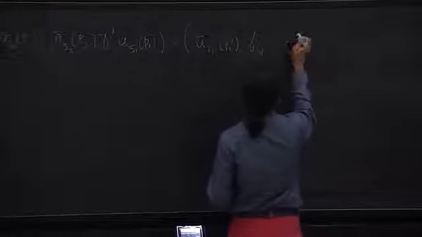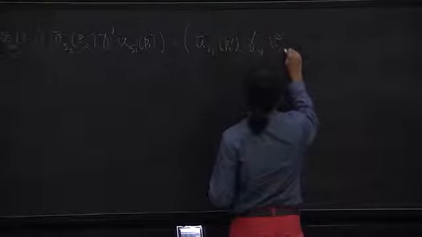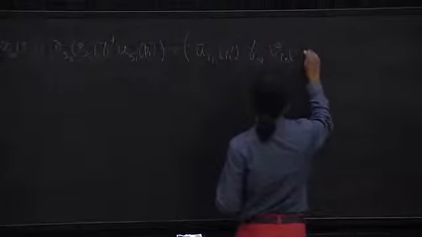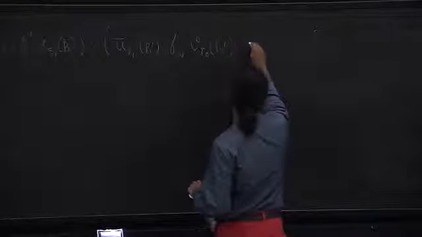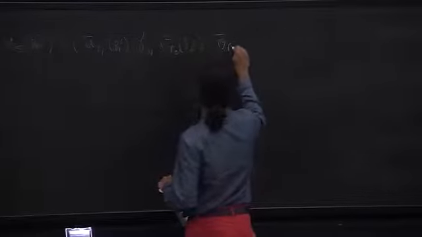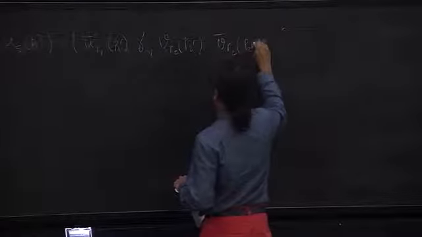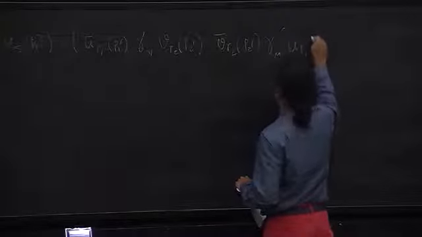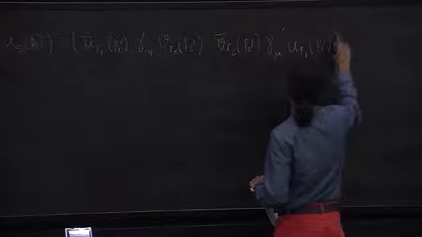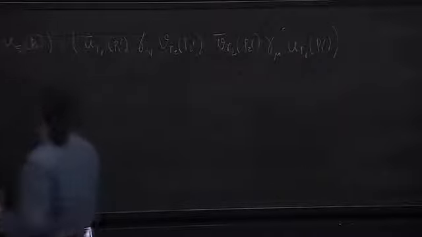Mu and V of R2, P2 prime. And then we will have V bar of R2, P2 prime, gamma mu, U of R1, P1 prime. Okay? Do you guys agree?